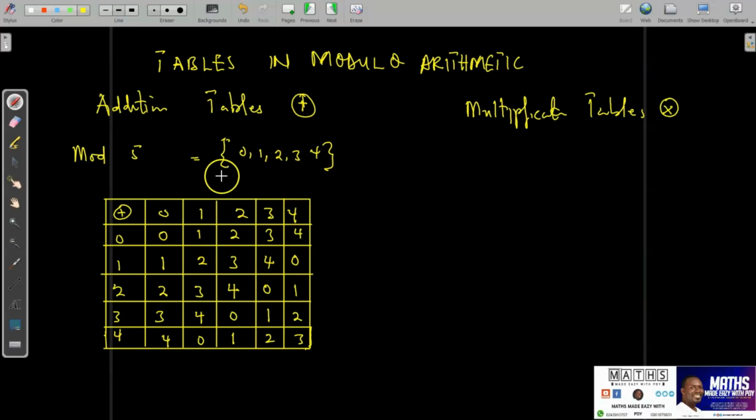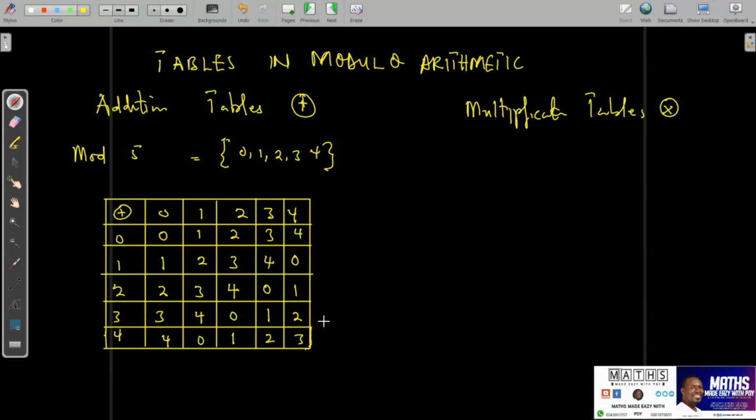So ideally, this is what we expect for the addition table in mode 5. Any question on that? Then I'll go to the multiplication table in mode 5.